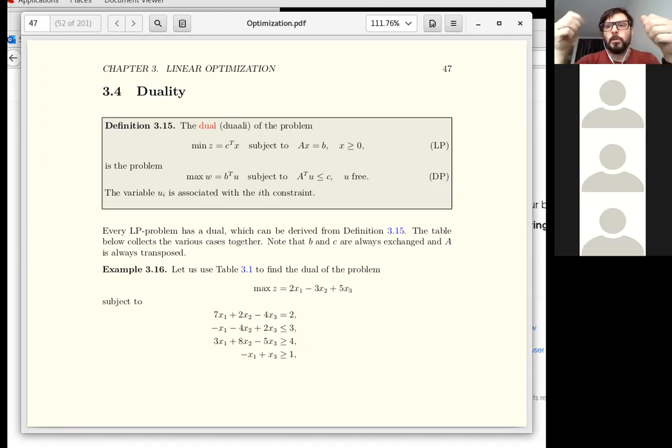And if this is so, then the dual will reveal this more readily. Because it may happen that you run the simplex algorithm for very long until you find evidence that this is unconstrained.